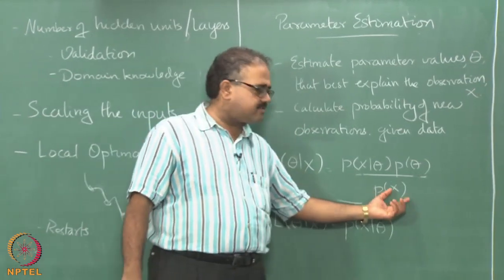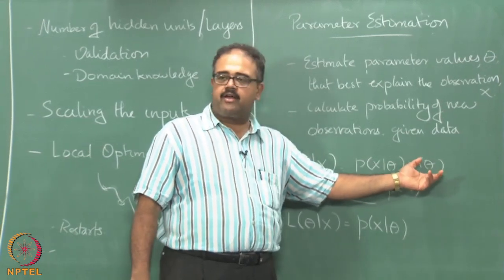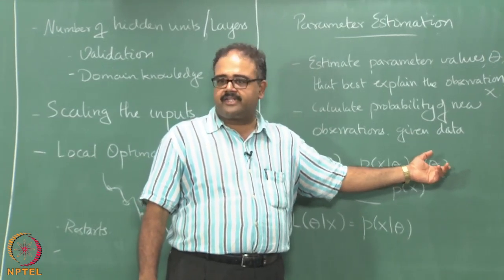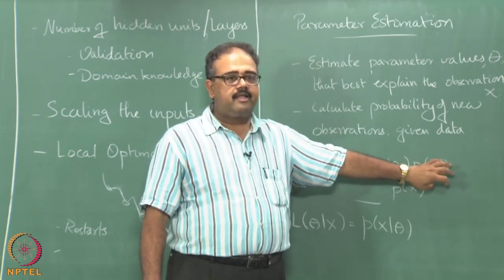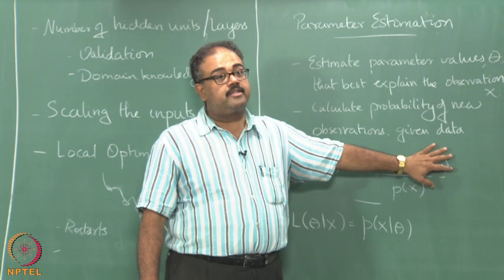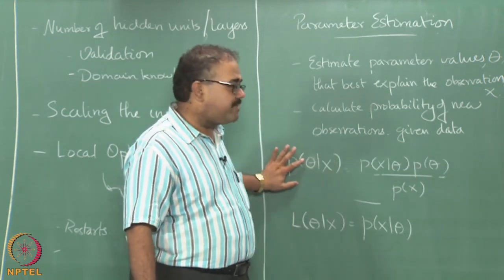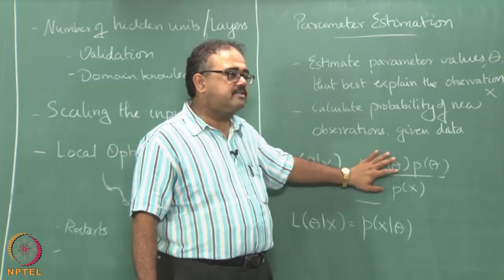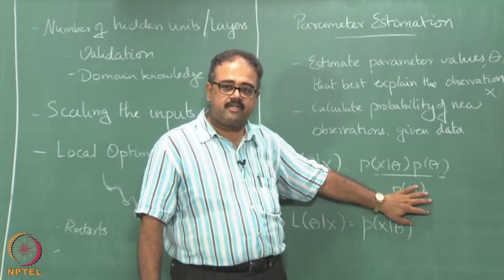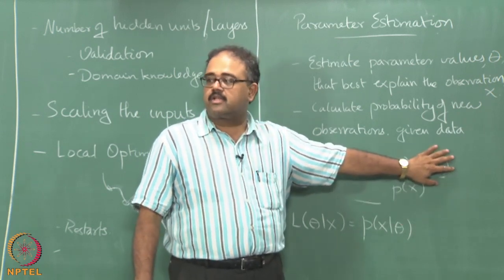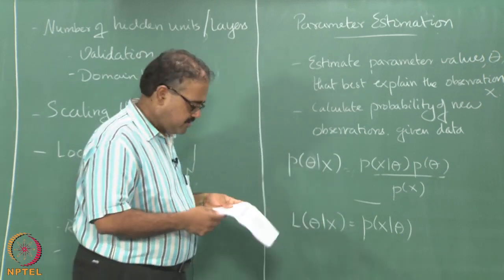So x is fixed, so this does not matter, and if I really do not have any information about what is the best theta to start off with, this is also irrelevant because it will be the same for all the theta, correct. So if I want to maximize p of theta given x, all I need to do is maximize p of x given theta, because this is constant, that will also be constant across all theta. So it is enough if I look at the likelihood.